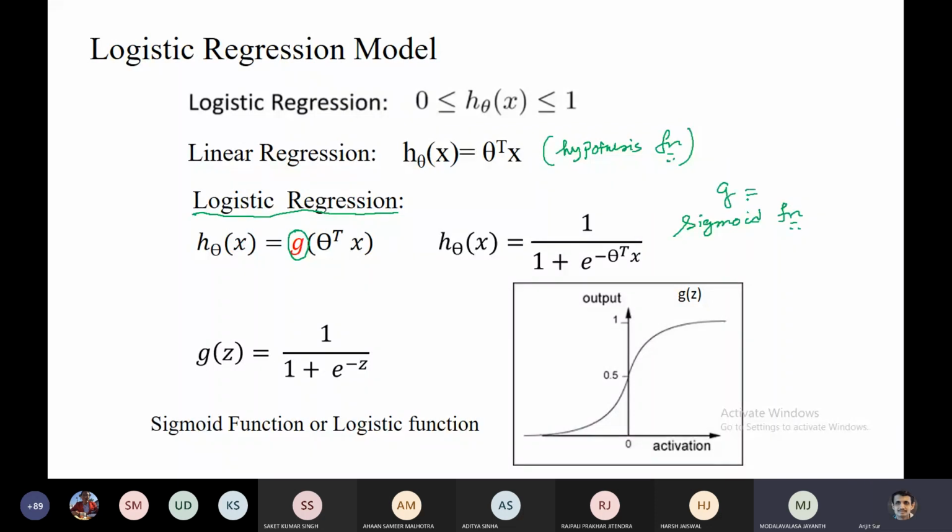What is the definition of this? The sigmoid function is written this way: g of z is equal to 1 divided by 1 plus e to the power minus z.